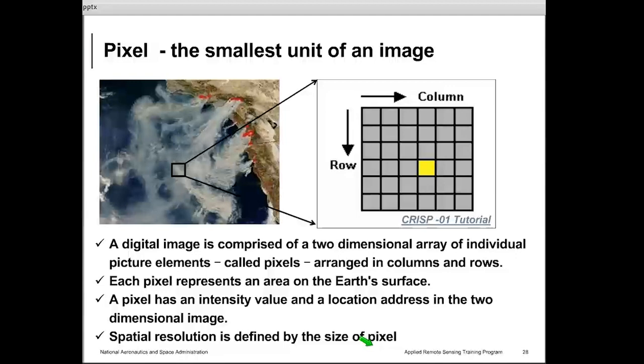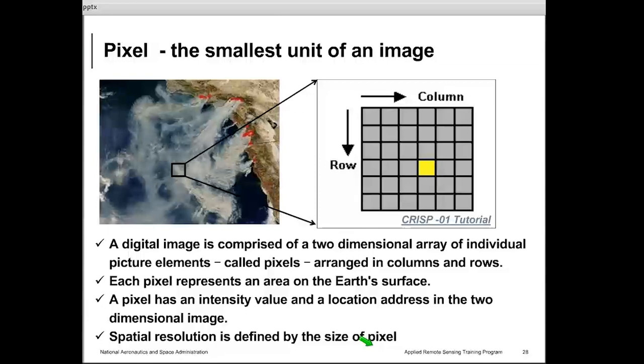These are the smallest units of this image. They are arranged in columns and rows, and every digital image is basically comprised of a two dimensional array of individual picture elements, and these we call pixels.